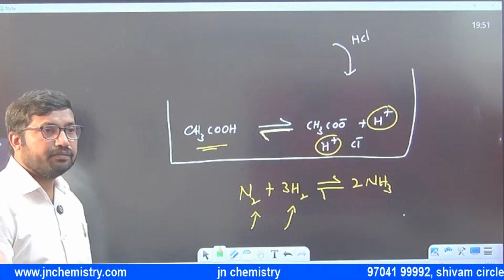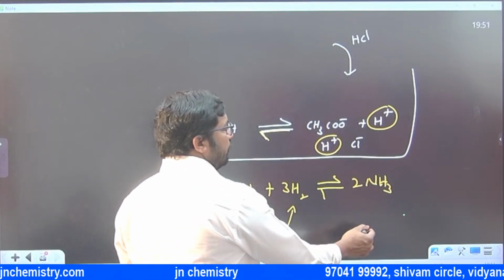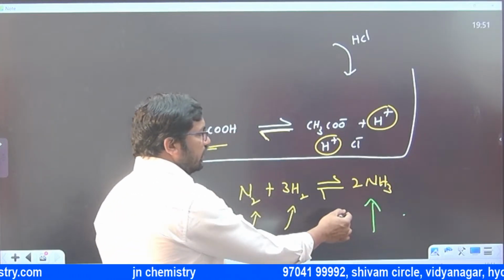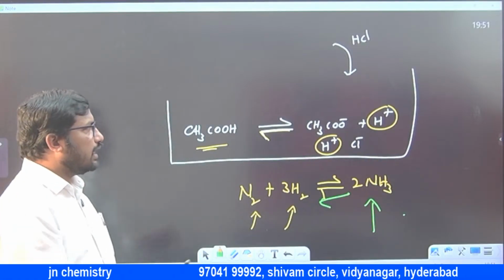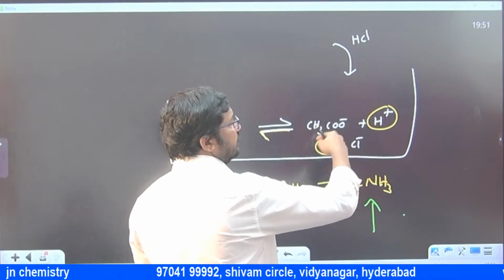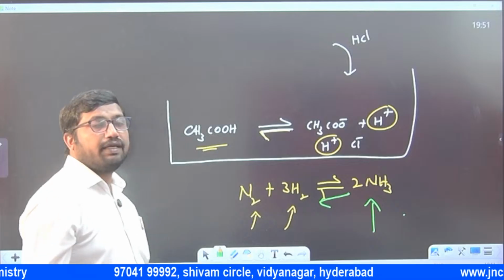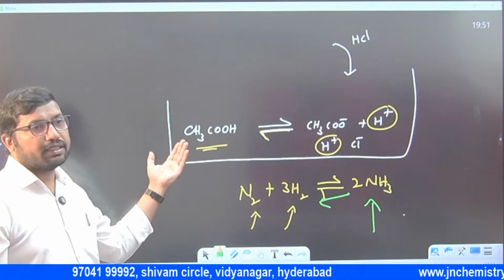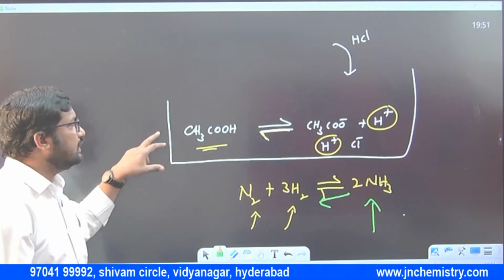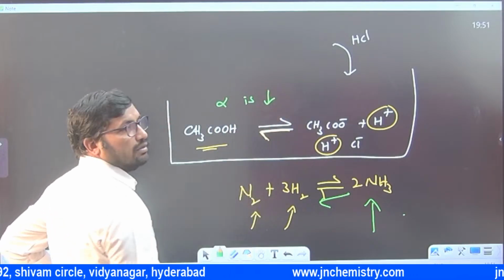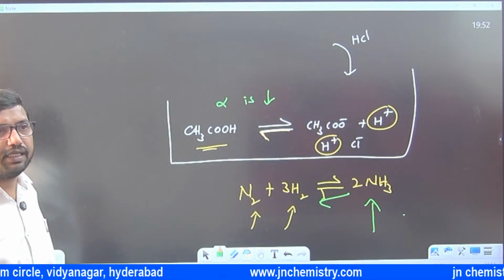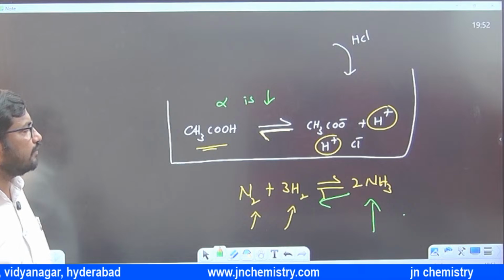In the same way, if you increase the concentration of ammonia, the backward reaction takes place. Here, because of the common ion effect, the backward reaction takes place, which means alpha, the degree of dissociation, is decreasing.